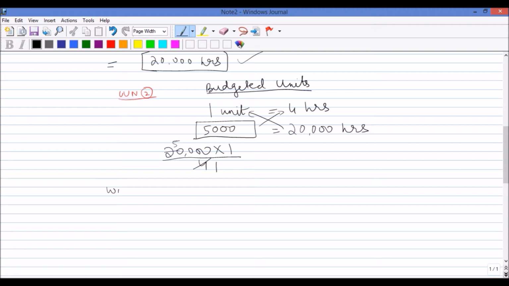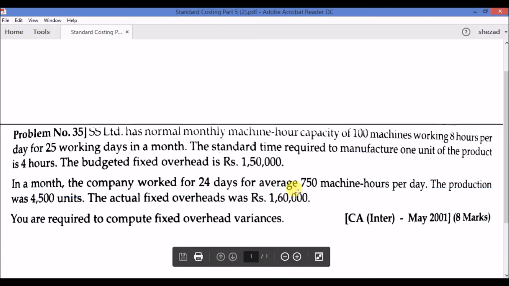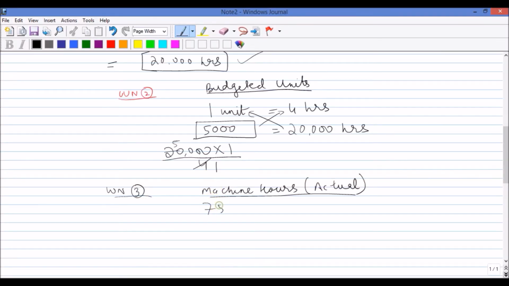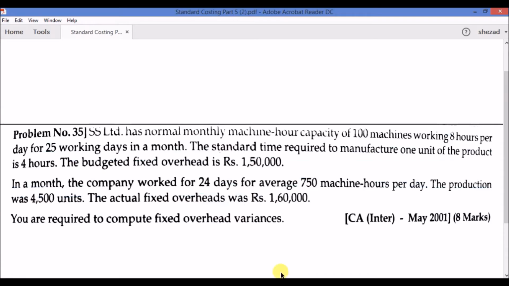So working note 3 would be the machine hours, but this would be for the actual output, right? So I can say that 750 machine hours one day, and in actual there are how many days?